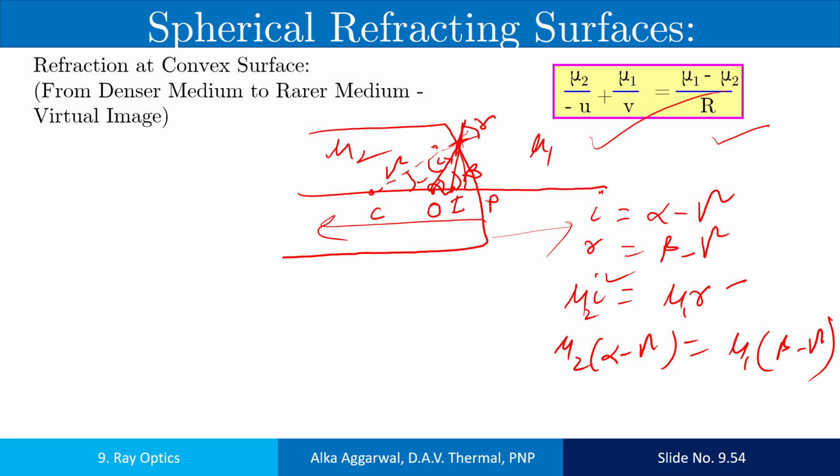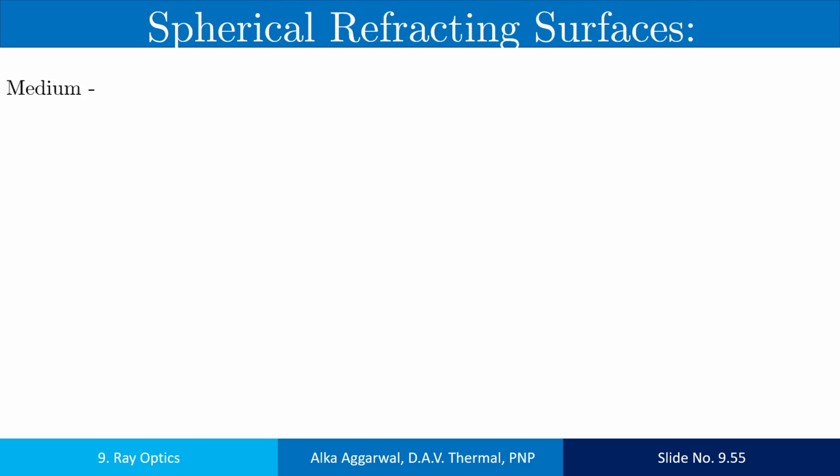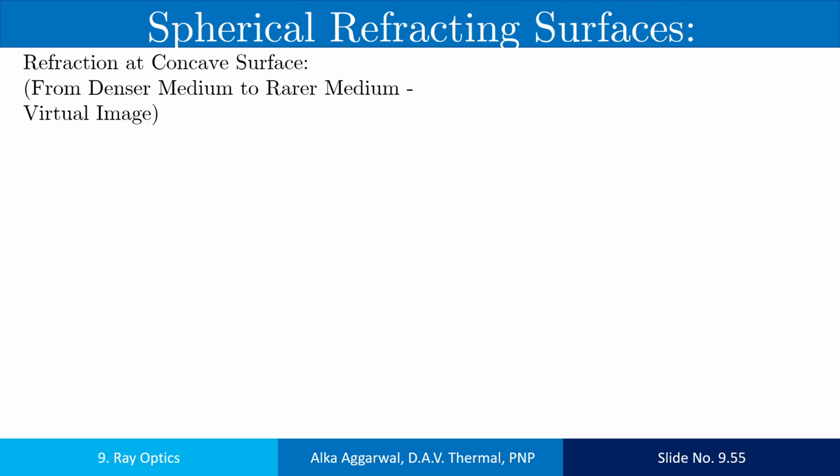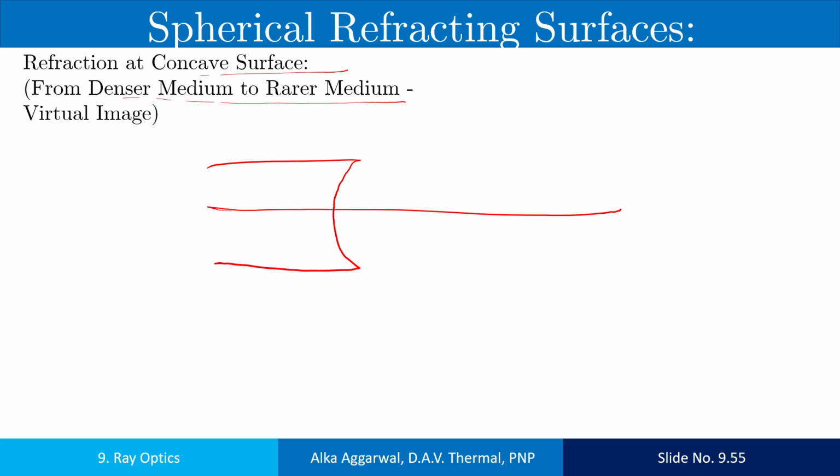Result is same. Now the third case, when refraction is from a concave surface and the ray of light is going from denser medium to the rarer medium. In this case, the surface is a concave surface and the object lies in a denser medium. Whatever be the position of the object, the image is virtual. So it is an object. Say this is the center of curvature.